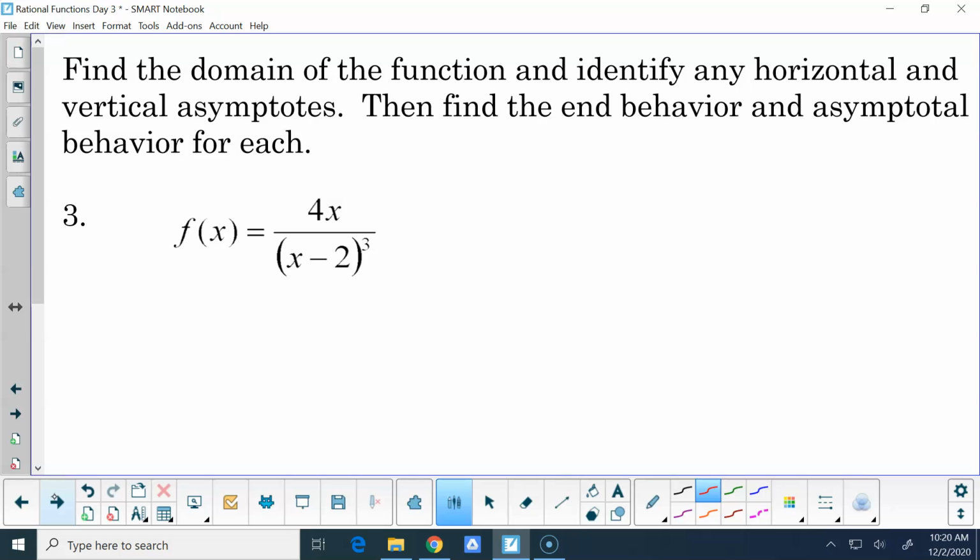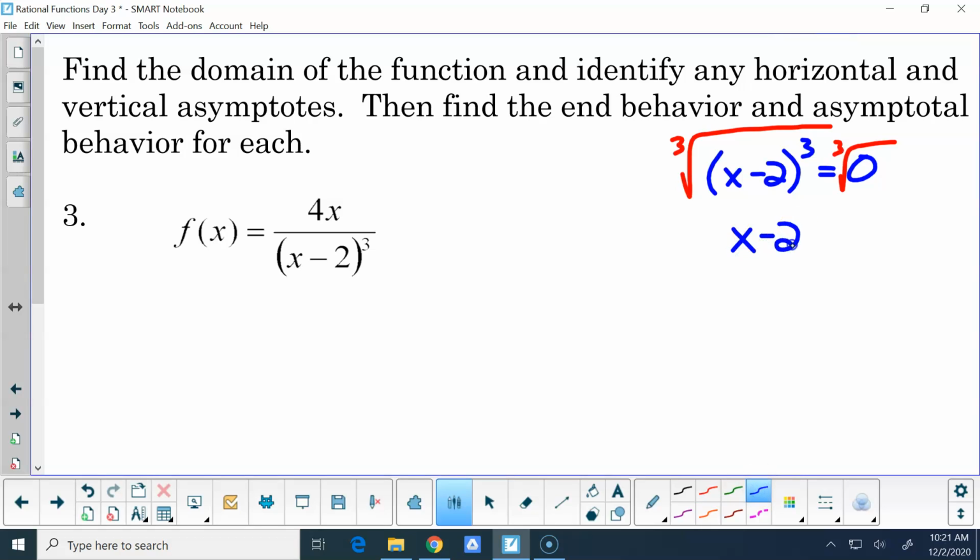So, first off, we got to take the numerator, or excuse me, the denominator, x minus 2 to the third, and we're going to set that equal to 0. I'm first going to take the cube root of both sides. Cube root of the left side is just going to be x minus 2. Cube root of 0, what times itself 3 times is 0?